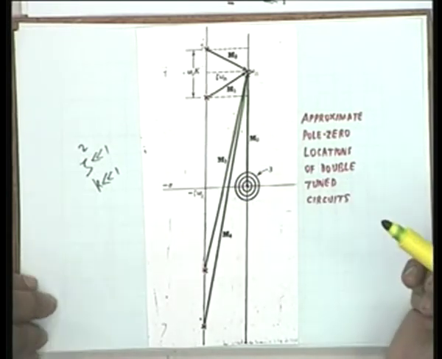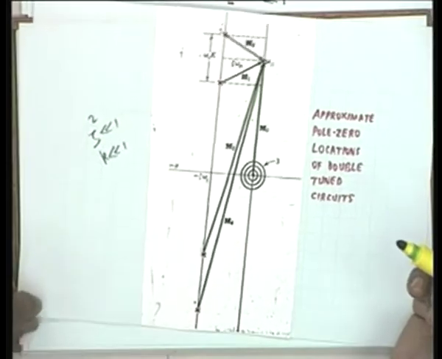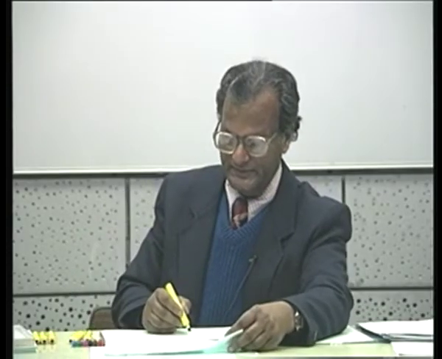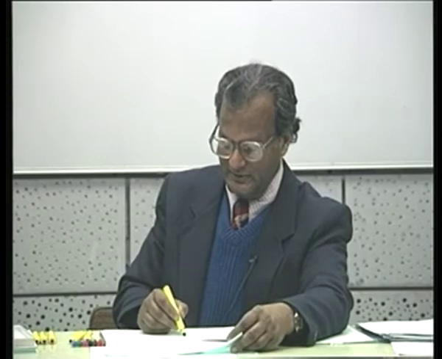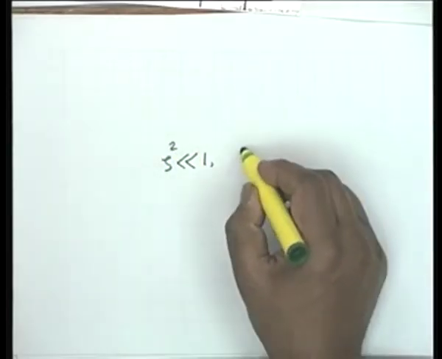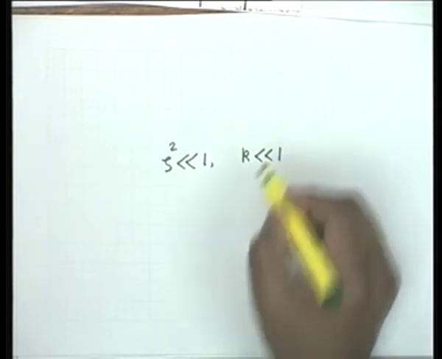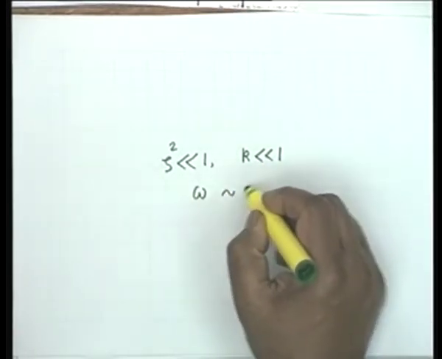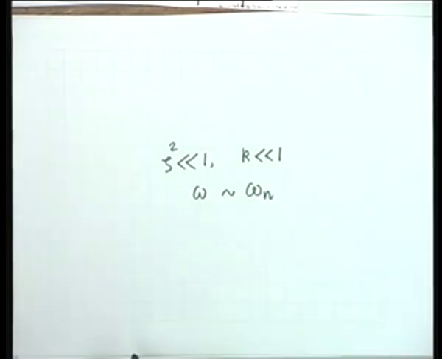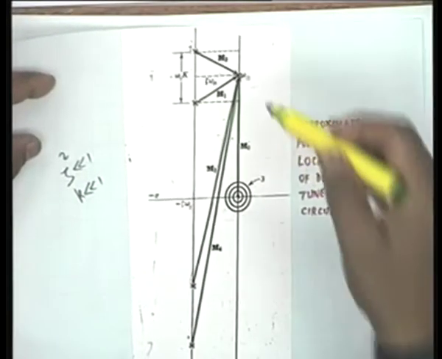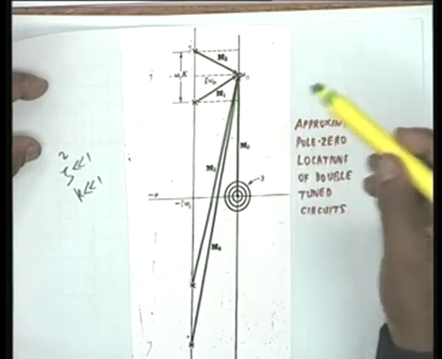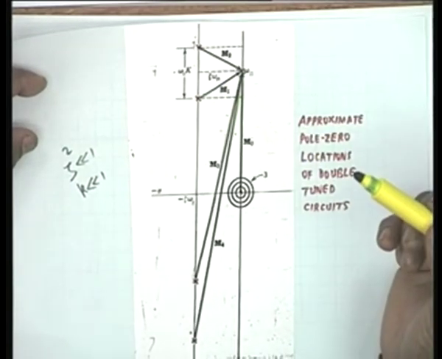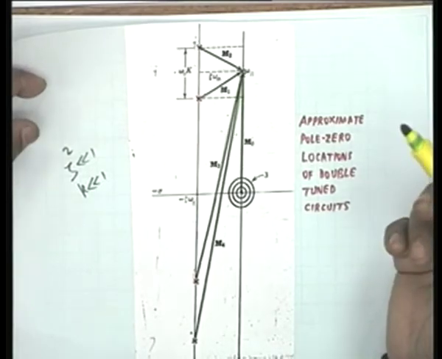And we also made the assumption that if zeta squared is much less than 1 and k much less than 1, and omega is close to omega n, then it is these 2 vectors which determine the magnitude response and also the phase response.